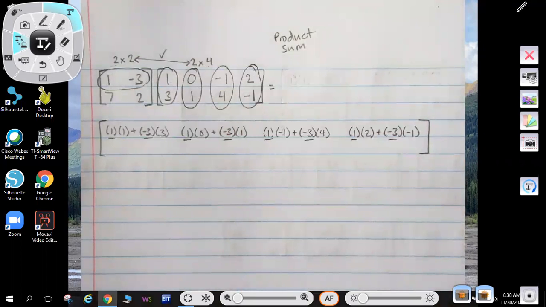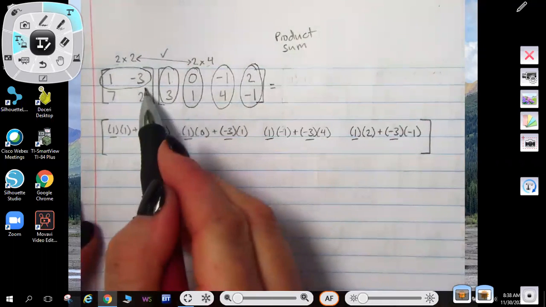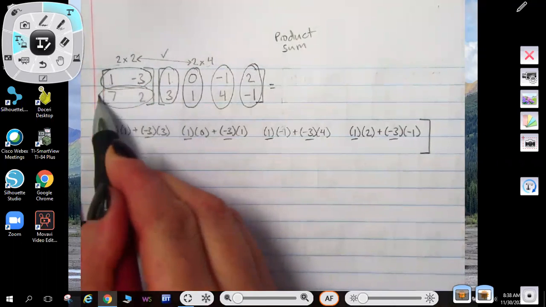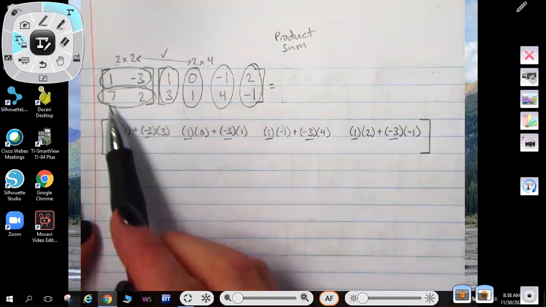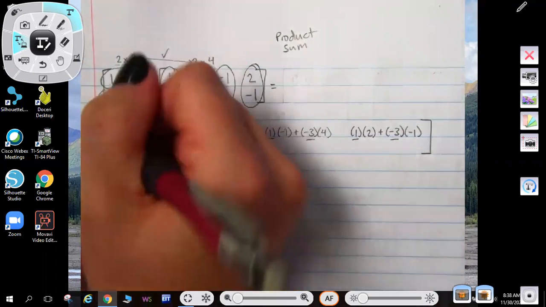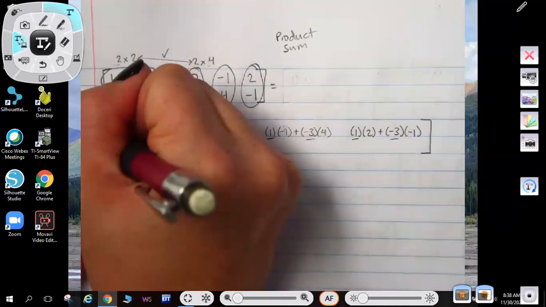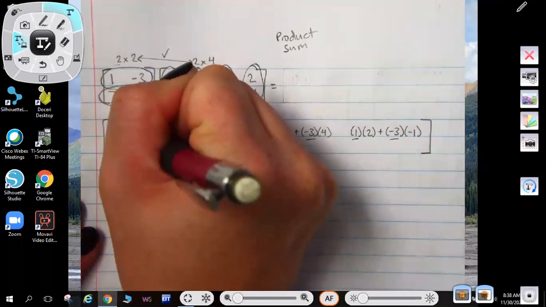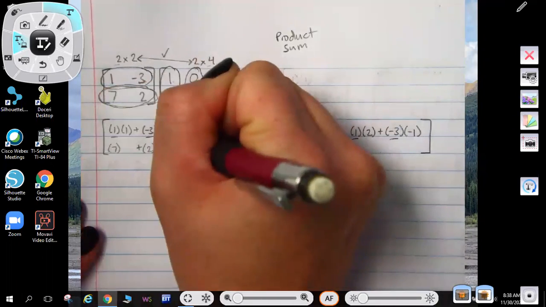That's going to be true for the second row as well, except this time we're using the numbers that are in the second row, which is 7 and 2. So let's go ahead and just fill those in, leave spaces. So this is going to be 7 and 2.